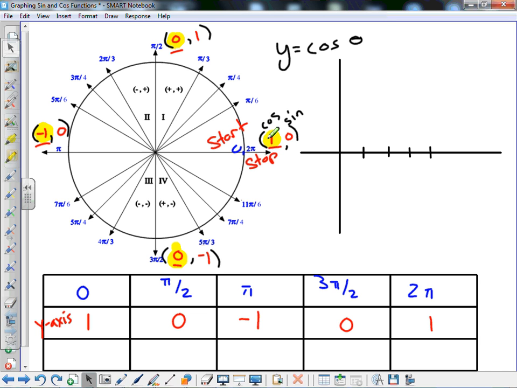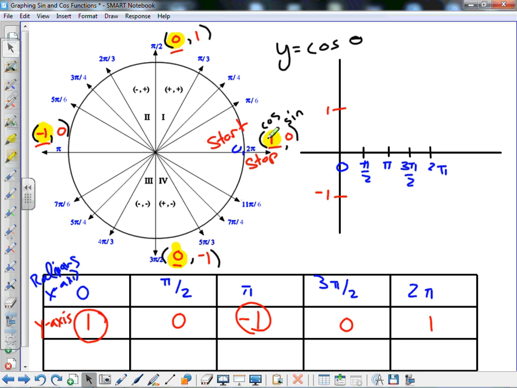And our radians are the x-axis. So, we're at 0, pi over 2, pi, 3 pi over 2, and 2 pi. Now, again, our largest y value is 1. Our smallest y value is negative 1.